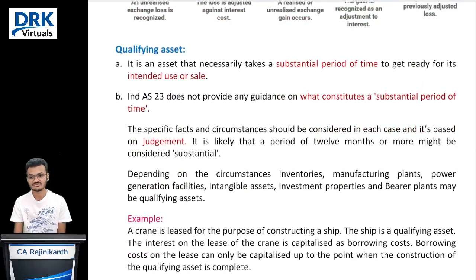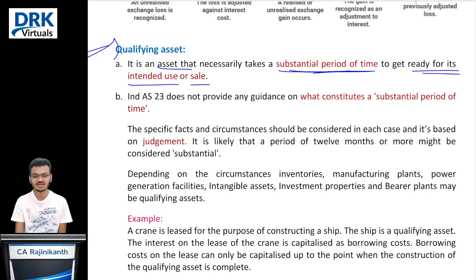Qualifying asset. What is qualifying asset? Standard defined that it is an asset that takes necessary time, substantial period of time. What I mean, this is an asset that necessarily takes substantial period of time to get ready for its intended use or sale. Sir, if it is intended use is fine.